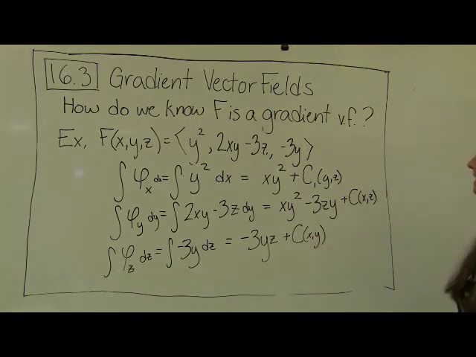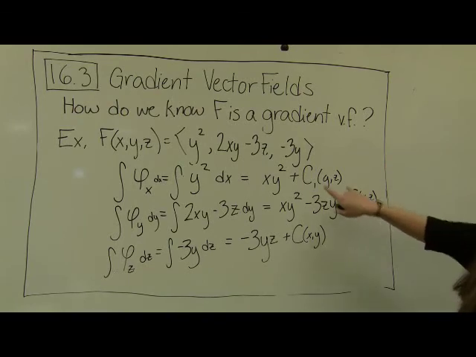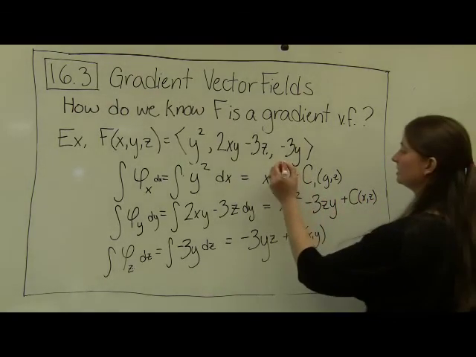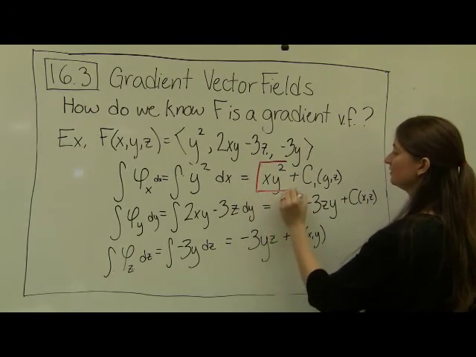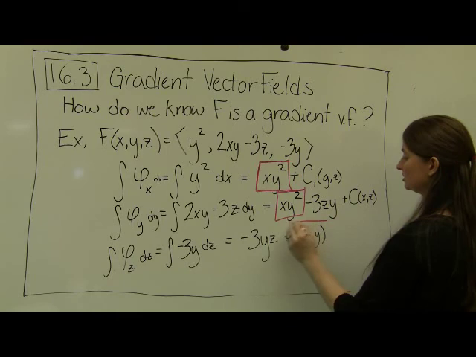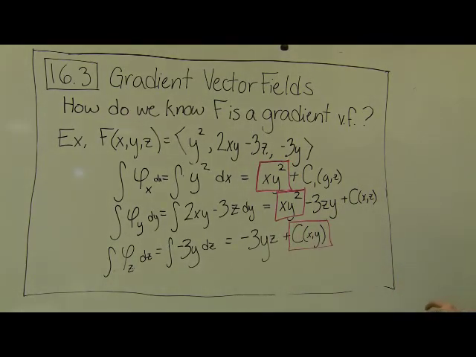And now we get to do our matching game. I'm going to highlight, we see that our function of x's and y's in this case, I'm going to circle all in red. This is a function of x's and y's, this is a function of x's and y's, and it matches with this term, the function of x's and y's. So we know that that's a term that's in our potential function.